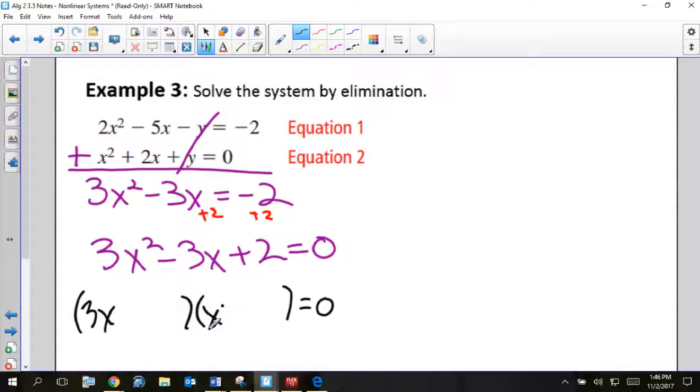To get a minus in the front, what sign do they both have to be? What signs do they have to be? They got to both be negative. Now I just got to figure out where the 2 and the 1 go to make 2.